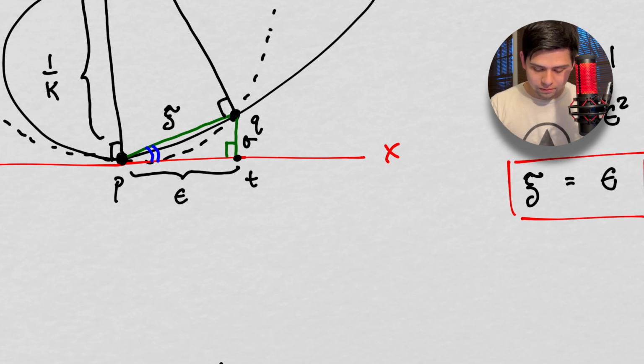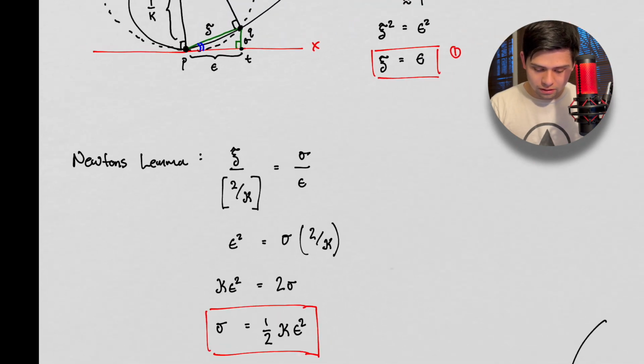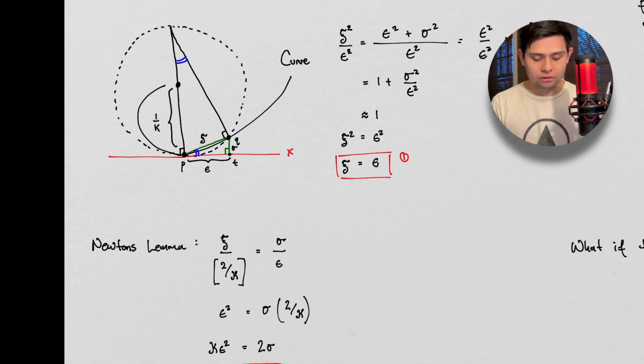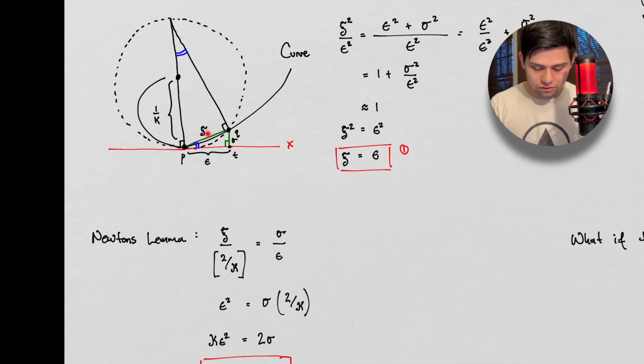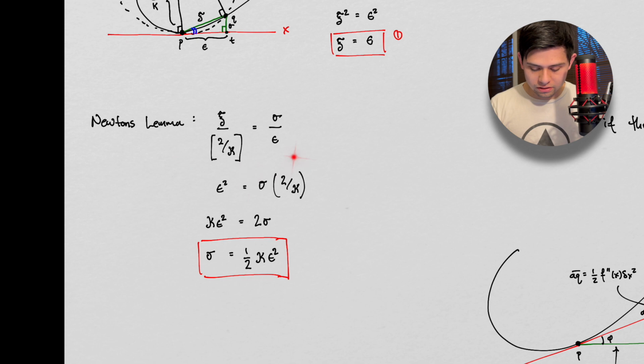By an argument of similar triangles, you can look at this triangle and this green triangle and see that they are not the same, but they're similar. This is going to be that relationship.